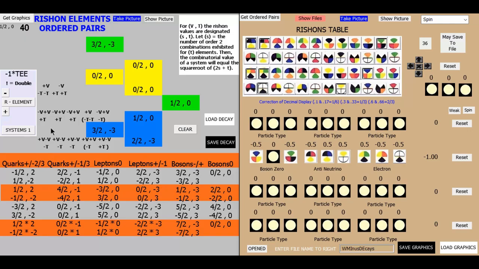And also in this case, we have an anti-muon or anti-generic electron, and similarly we have here an anti-T-rishon which will interact with this T-rishon, and those will annihilate and leave in its place this anti-V prime rishon. And the two negative T's then annihilate the T-rishons here.